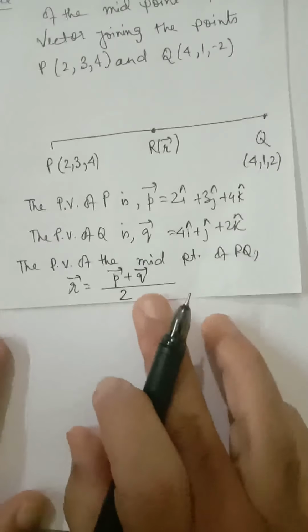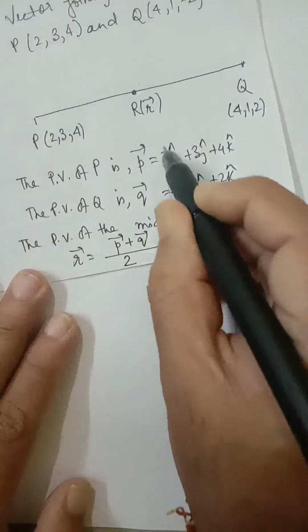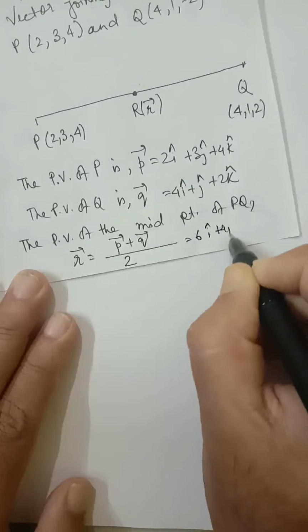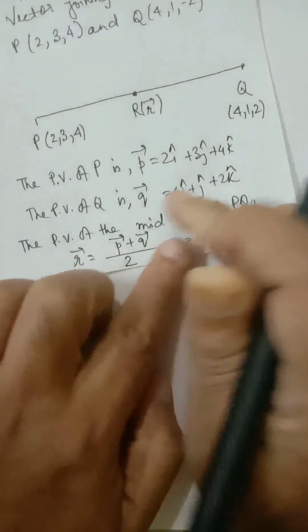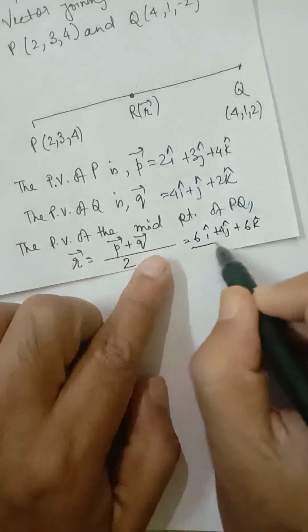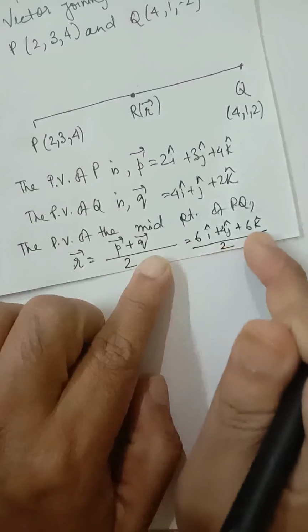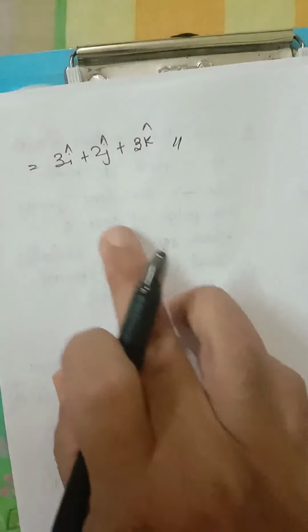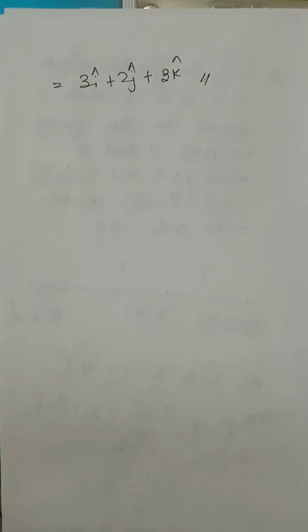This is the position vector of the midpoint. Now P plus Q is 6i plus 4j plus 6k, this plus this, by 2. So this will be 3i plus 2j plus 3k. So the position vector of the midpoint will be 3i plus 2j plus 3k.